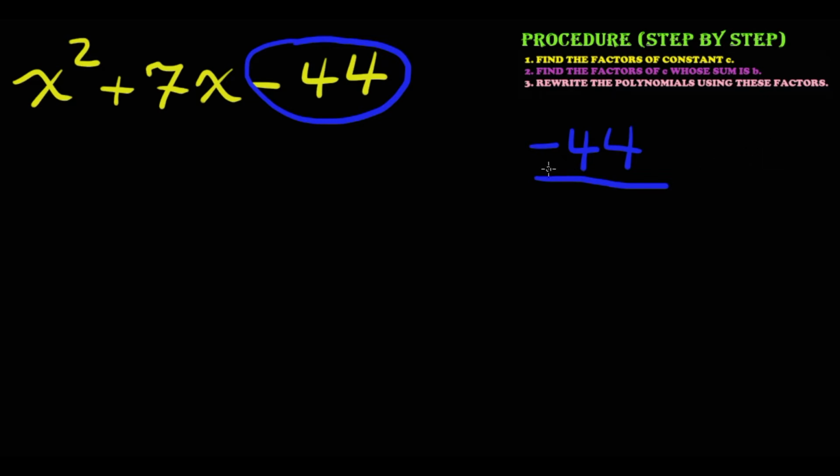Well, since it's a negative number, we're going to need to come up with a positive number and a negative number, because positive times negative gives you negative. So let's try. You're basically doing guess and check. And if you're lucky, you get it right on the first try.